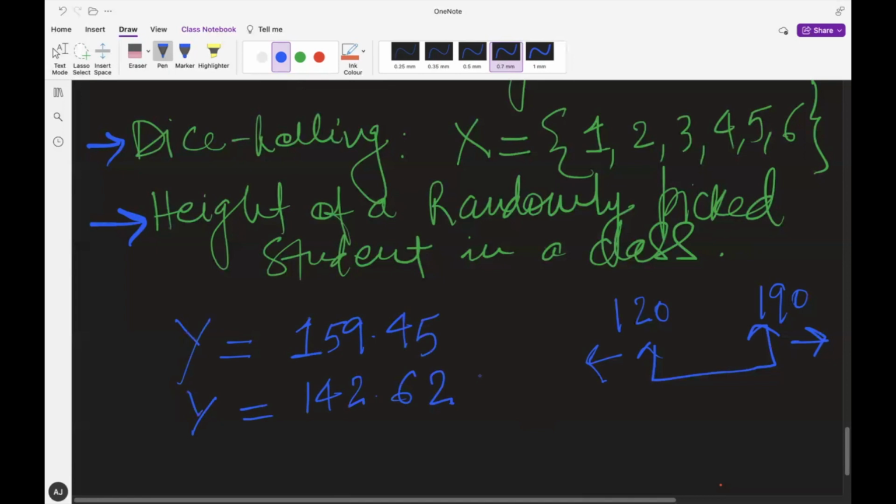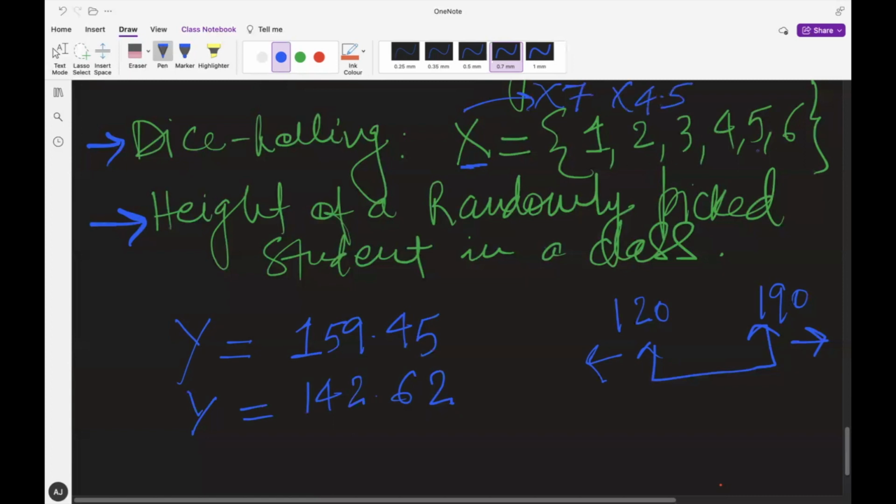Fine. Now a random variable has a set of outcomes. So here my x can take any one of the 6 values. In case of dice rolling, x can take any one of the 6 values. It can't take 7 or 4.5.